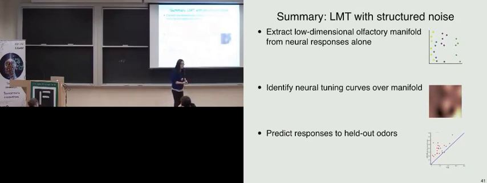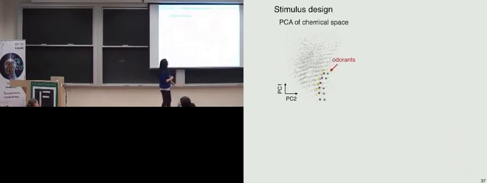I wasn't really thinking motivation. I was thinking practically, when the algorithms actually do it, when you fit this low-dimensional olfactory manifold for a neural response alone, does that involve the utilization of the neural tuning curves either directly or implicitly? Yeah, I show here.